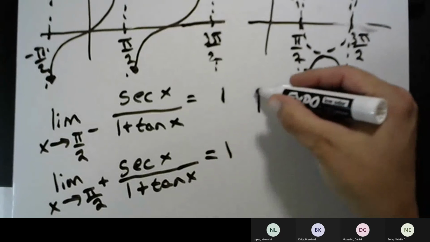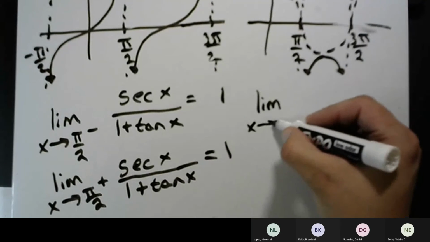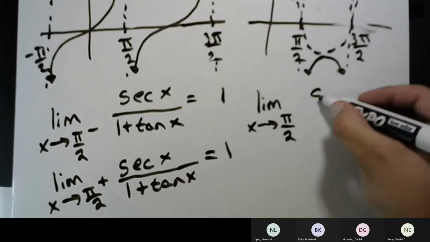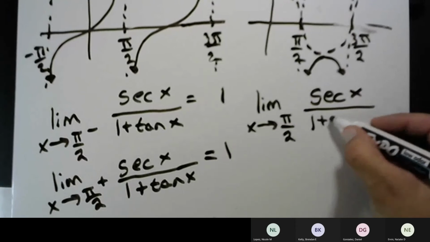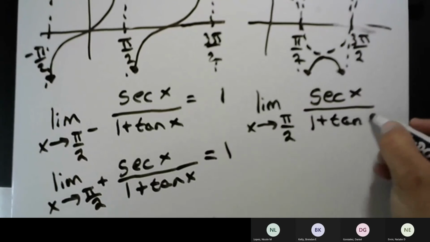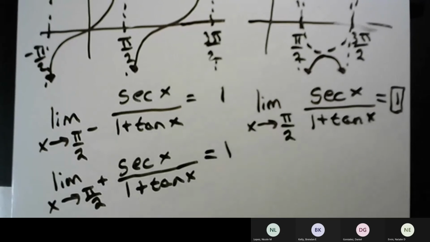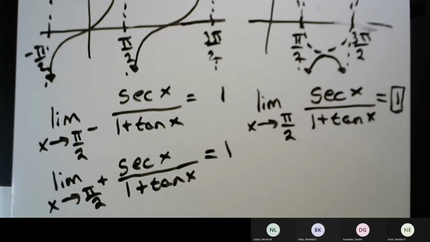And so that means we're free to say, because the one-sided limits are equal, we can say this. Even though initially it looked a little doubtful. So questions about that?